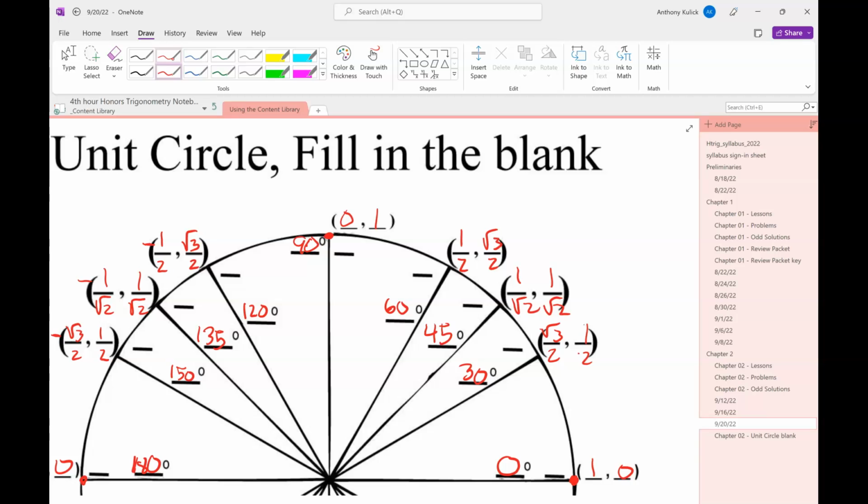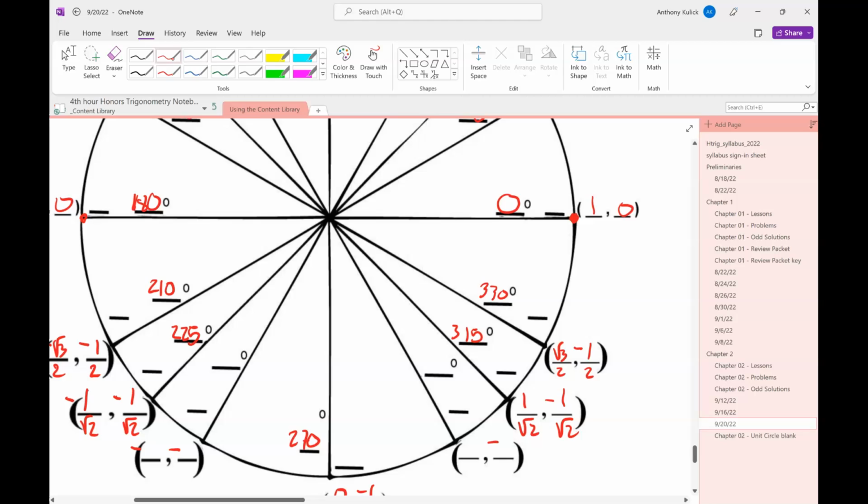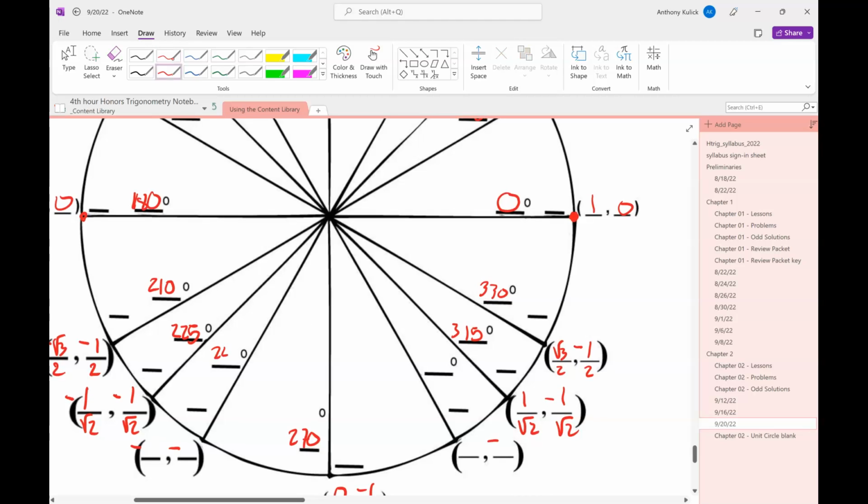Again, I'm not adding in the signs because I did that already. Down here, I have 240. Again, putting in my 1/2 and my √3/2. And in the last spot here, I have my 300, and I have 1/2, √3/2.